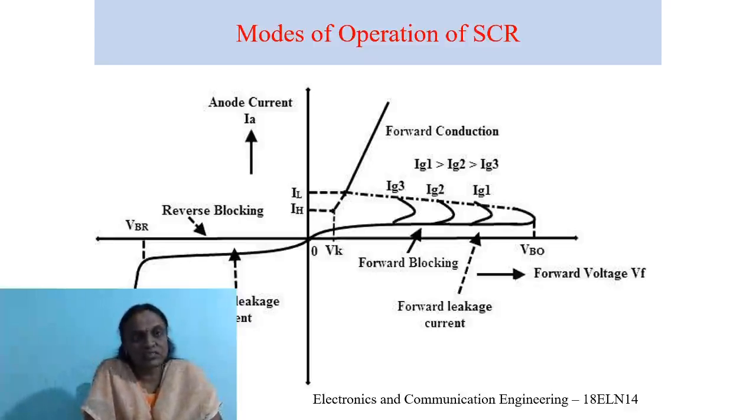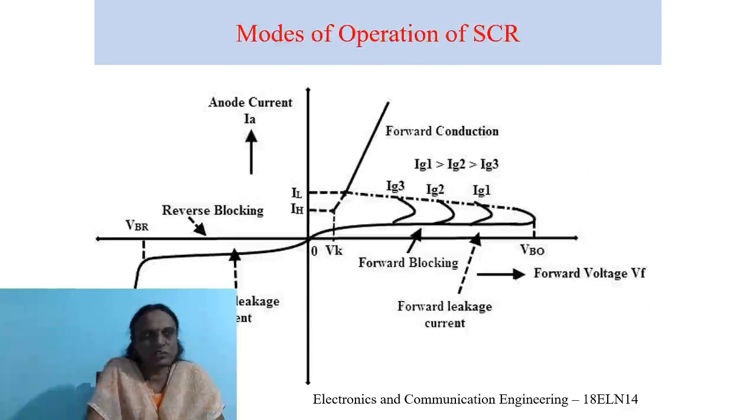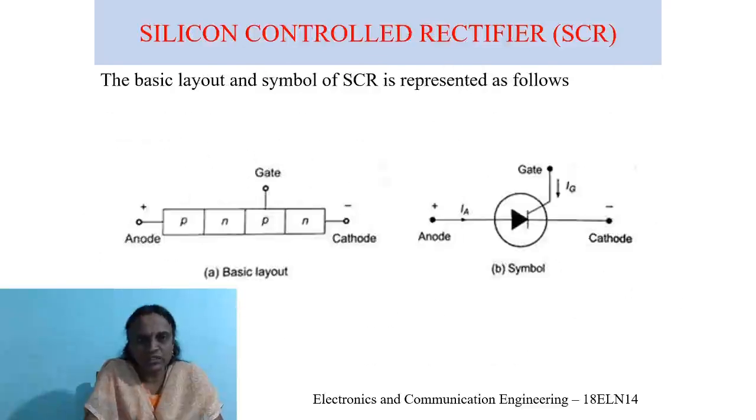Here we have junctions J1, J2, J3. What happens here is that J1 and J3 are reverse biased and J2 is forward biased, because the cathode is made positive with respect to the anode in reverse blocking mode.